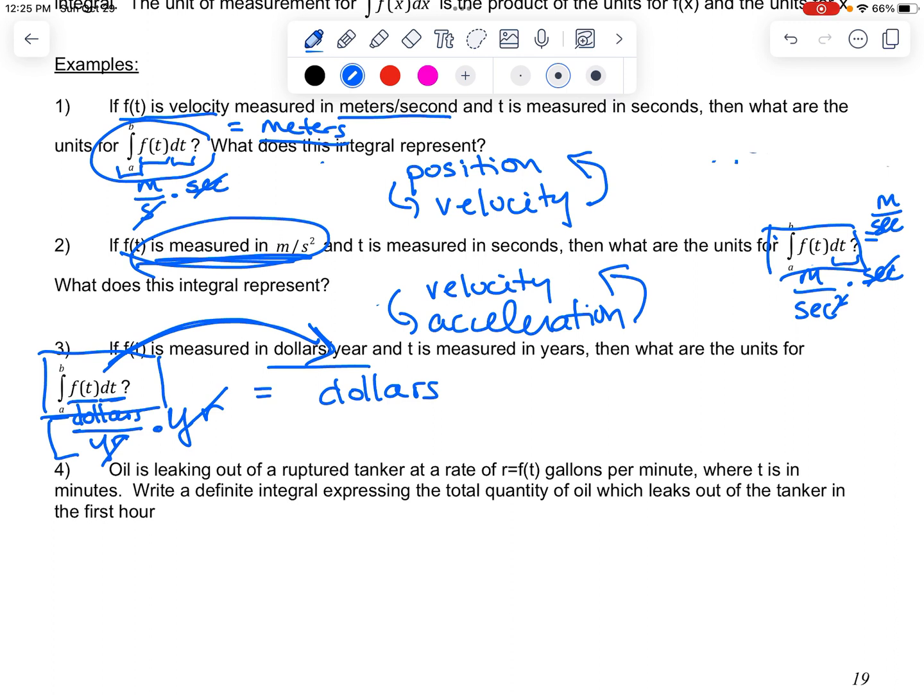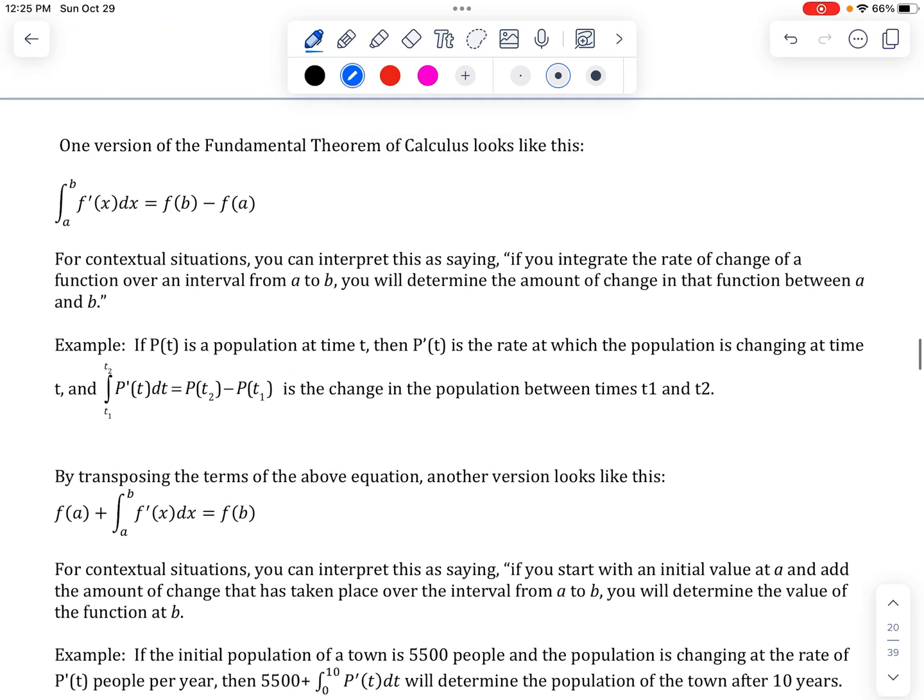So if you integrate population per year, you end up with total population. That's what the Net Change Theorem is talking about.